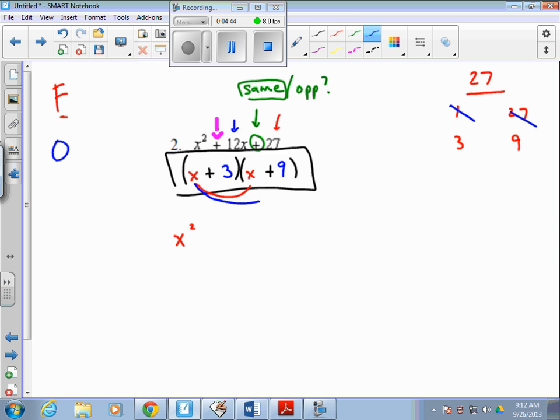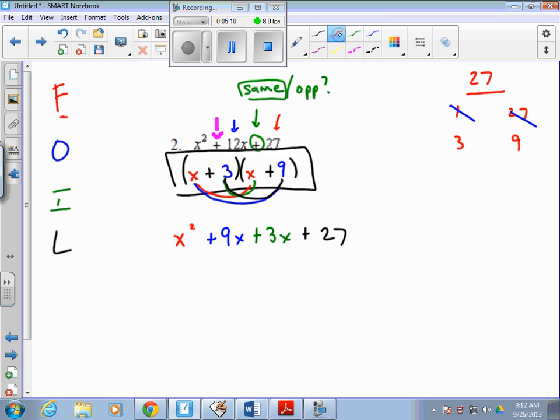X times 9 is positive 9x. Then the I stands for the inner 2 numbers. So 3 times x is positive 3x. And then the L in FOIL stands for the last two numbers. 3 times 9 is positive 27. So now we have x squared plus 9x plus 3x plus 27.